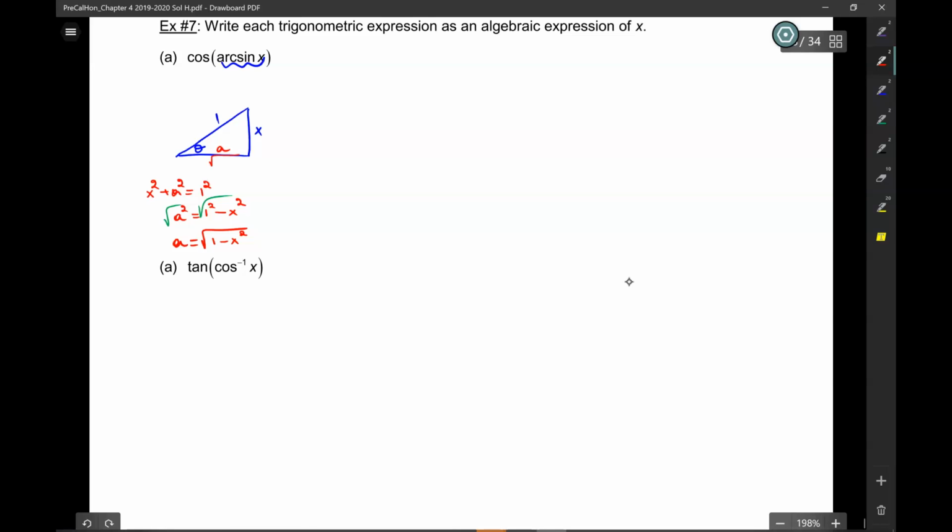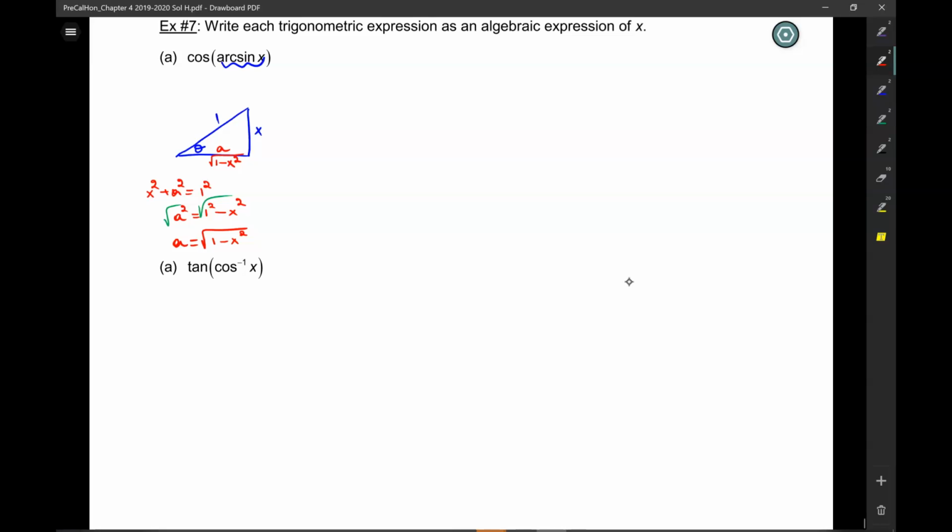So that side is just root 1 minus x squared.